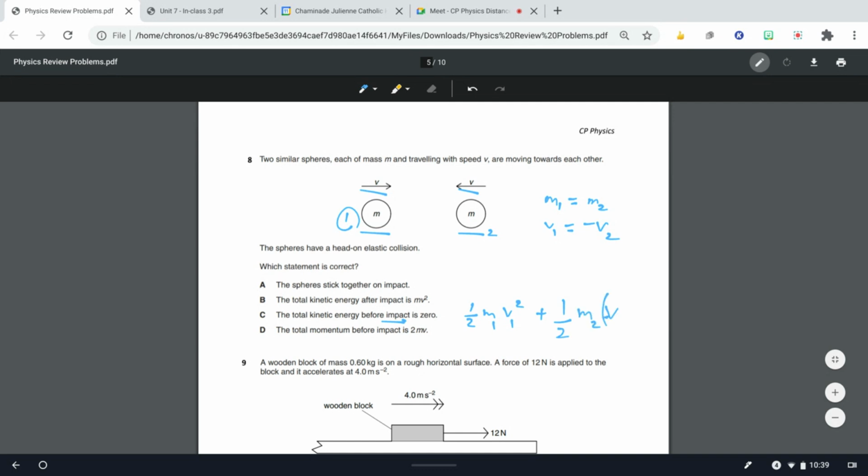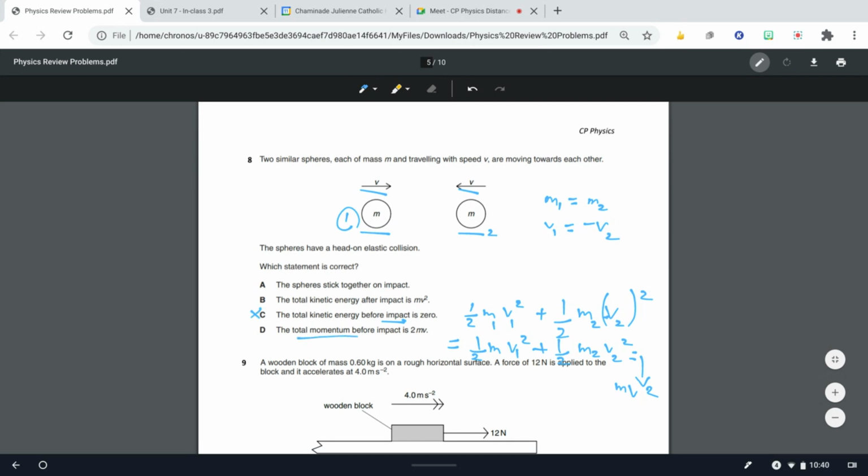Because you're squaring it, the negative would change, and what you would get is half mv1 squared plus half m2v2 squared. And your answer would be, because they're all the same thing, mv squared. So option C is incorrect.